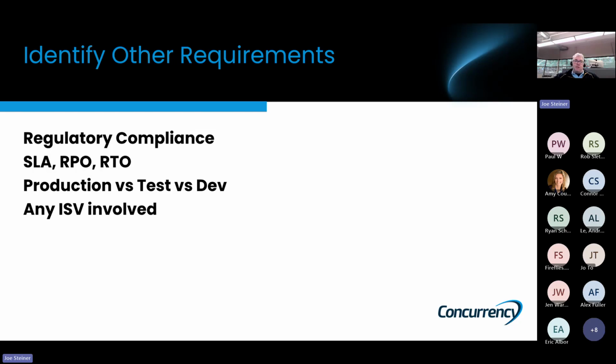Also, if you have any independent software vendors that are planning on being moved to the cloud, make sure that you understand what their cloud instance looks like, the details of that. It's not always the same as what they maybe had on premise. That's a good one to keep an eye on as well.